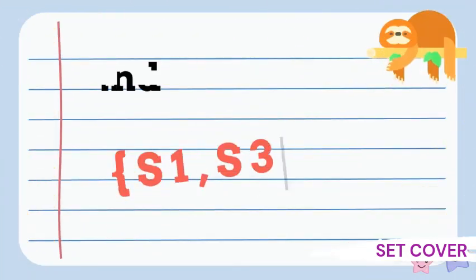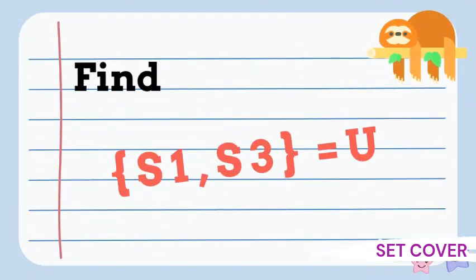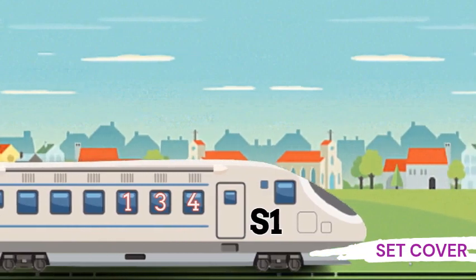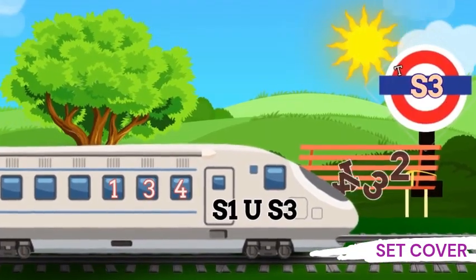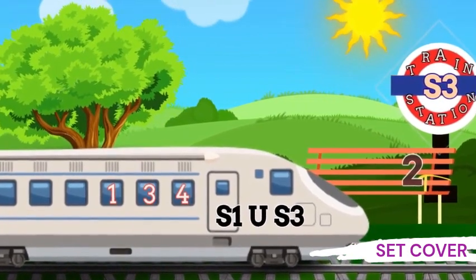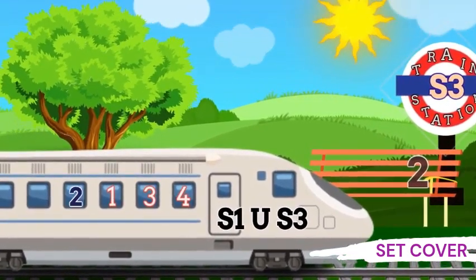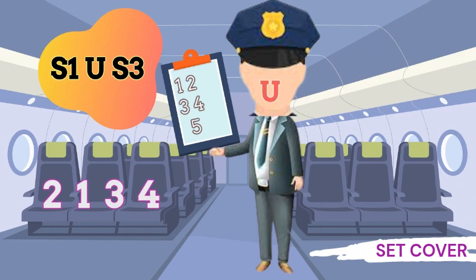Next we are going to perform the union operation for the sets S1 and S3 and check if it is equal to U or not. Similarly to the previous scenario, here S1 and S3 are two different stations, and we are going to perform a union operation with S1 and S3 values. Checking the condition, if S1 union S3 is equal to U, the values are not equal.